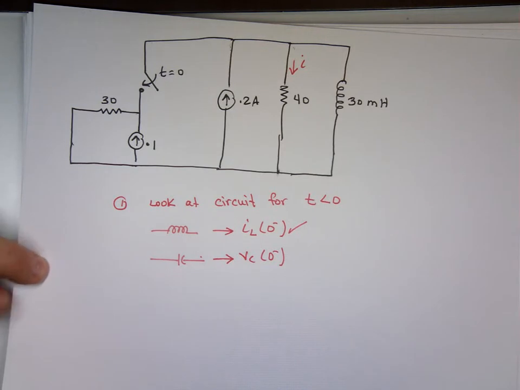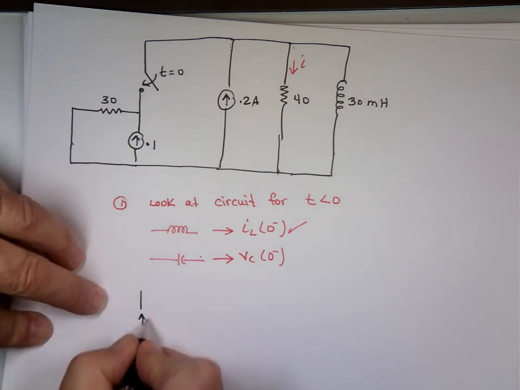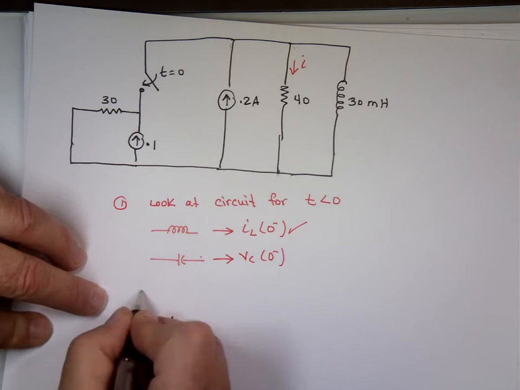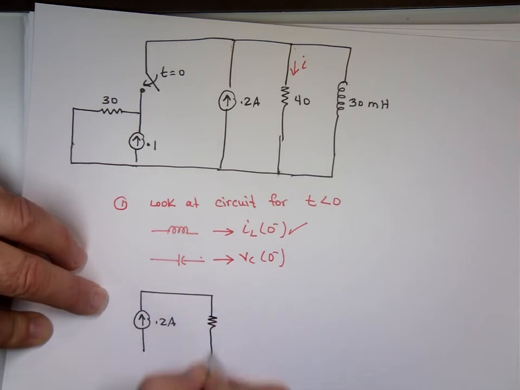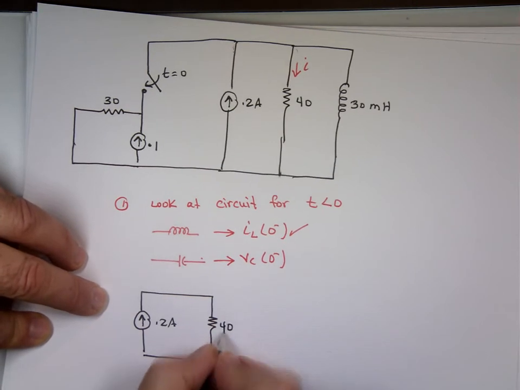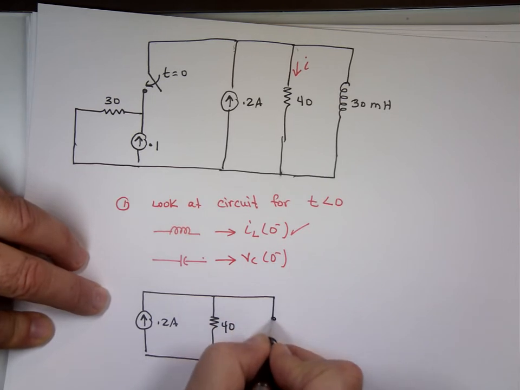So if I look at my circuit that way, this is going to look like 0.2 amps, 40 ohms. And what's going to happen here to that inductor? To a DC, the inductor is going to react as what?